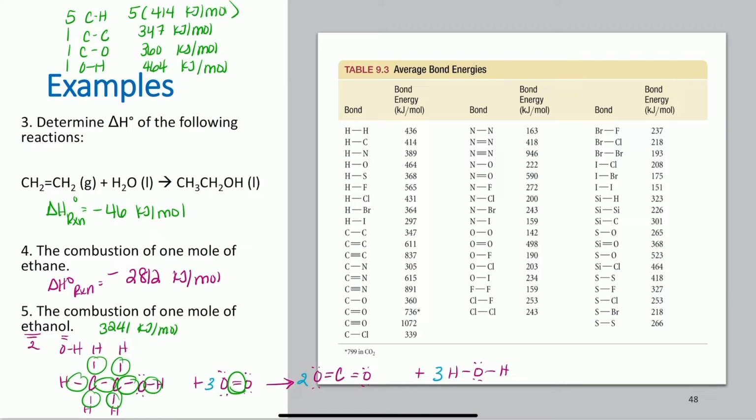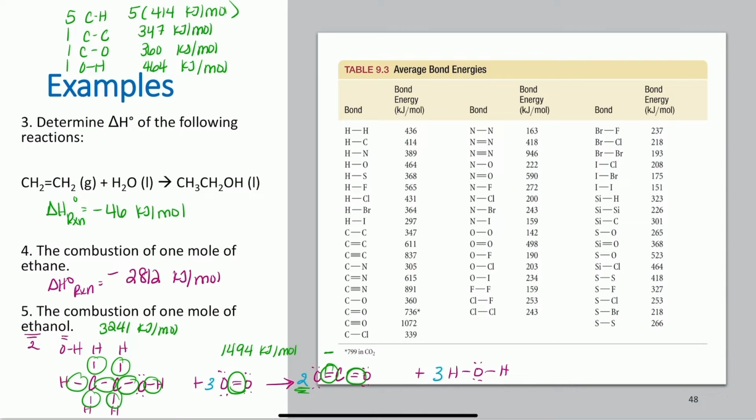O2, I've got an oxygen-oxygen double bond, but I have 3 of them. Oxygen-oxygen double bond is 498, but multiply that by 3, I get 1494 kilojoules per mole. Carbon dioxide, I've got 2 of them. Remember, though, that's that special case. I've got 2 bonds, and I've got 2 moles of it, which means 4 times 799.